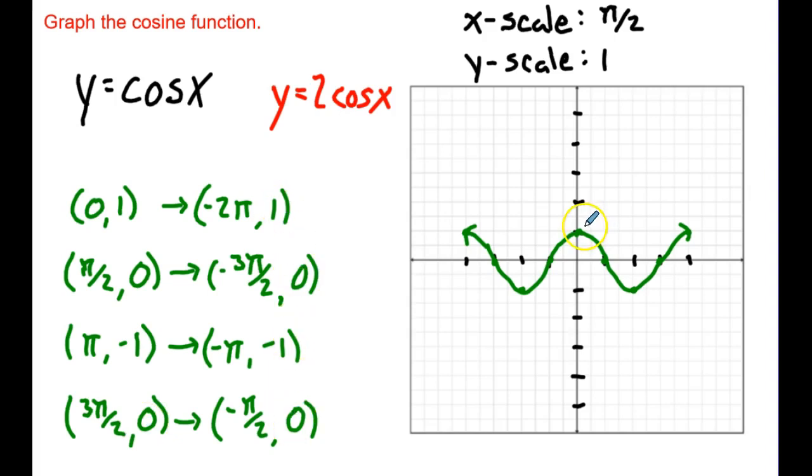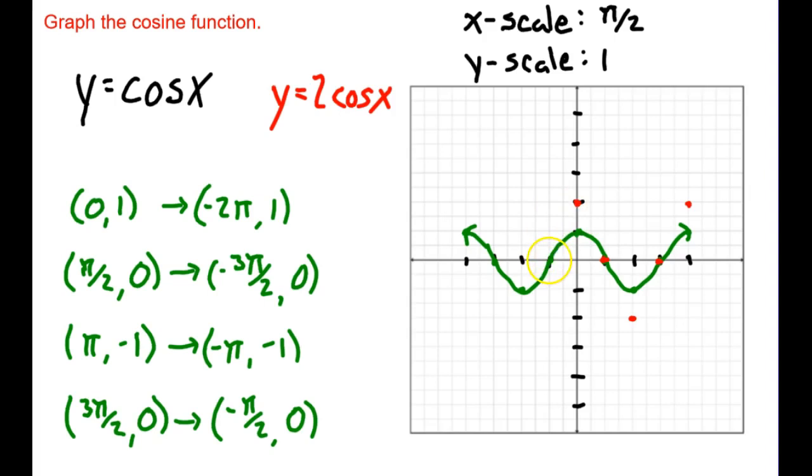So looking at our first value, when theta is 0, our y value, instead of 1, we multiply that by 2. Now that's going to be a value of 2. At pi over 2, 0 times 2 is still 0. At a value of pi, now rather than negative 1, we'd be at negative 2. At 3 pi over 2, we'd be at 0, and at 2 pi, we'd be at a value of 2.